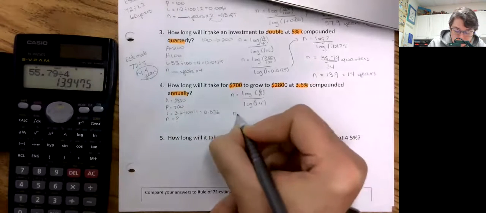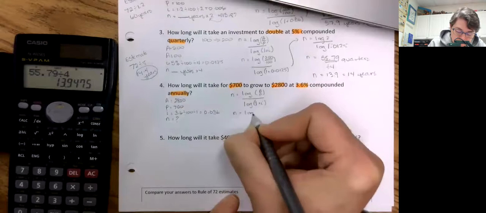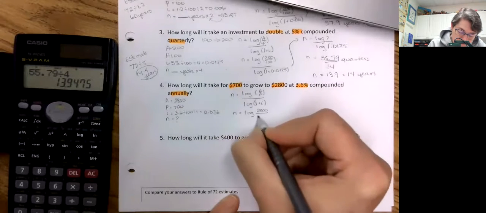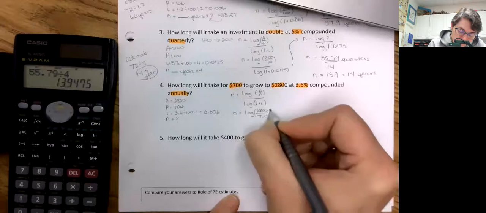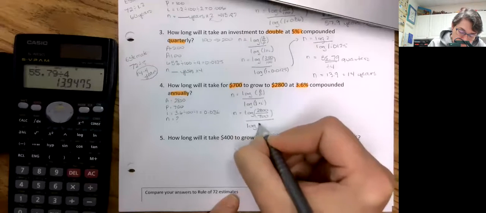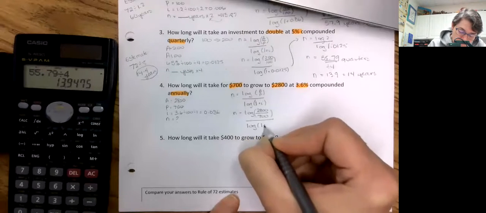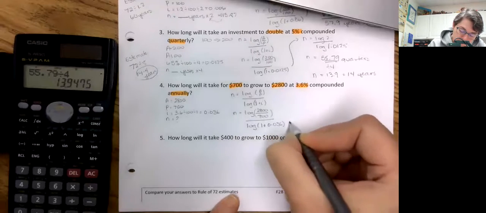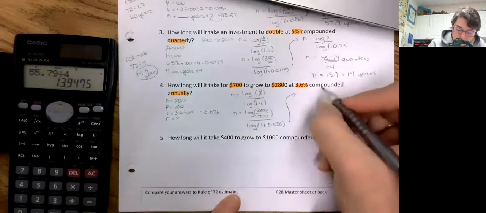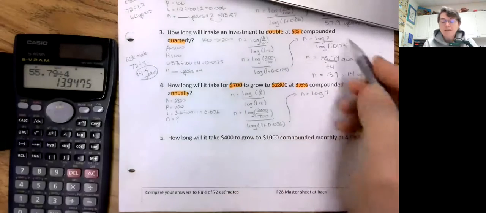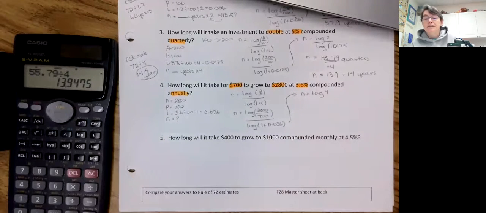There's our formula. Now we're going to plug it in. So n is equal to, okay, so this time at least we're getting something besides log 2. We kept getting log 2 because we kept talking about how long will it take to double.